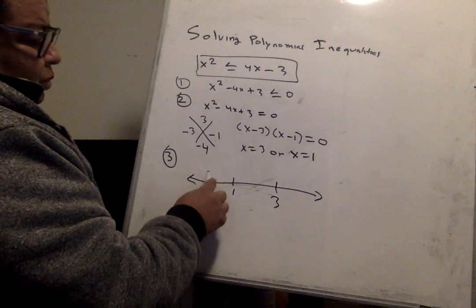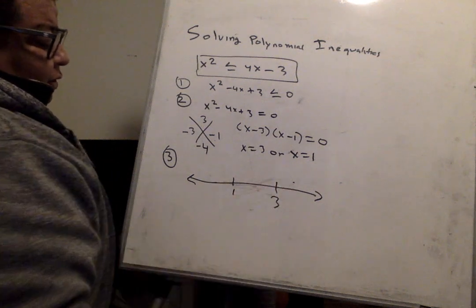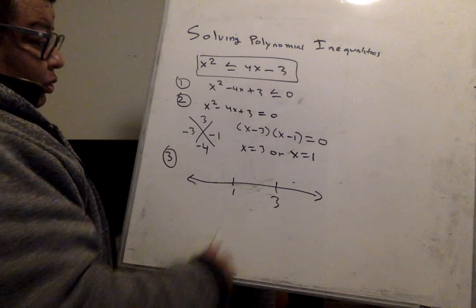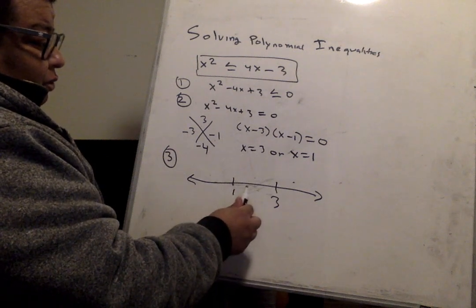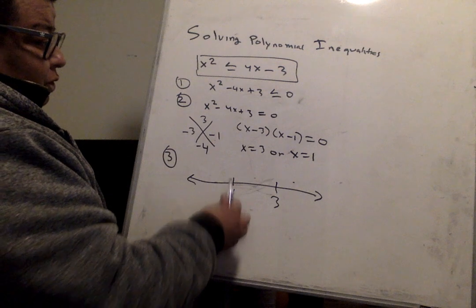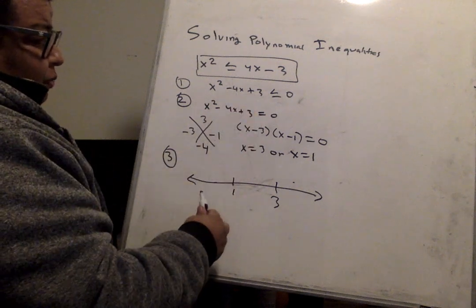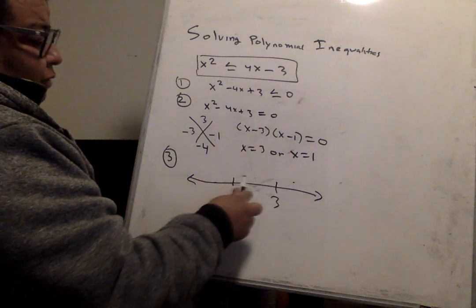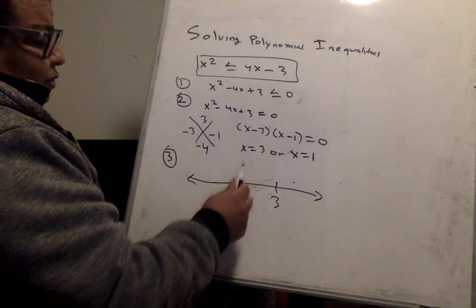Now we have to choose a point here, here, and here. That will let us know the intervals for which this inequality is true. Remember, this has to be less than or equal to 0.